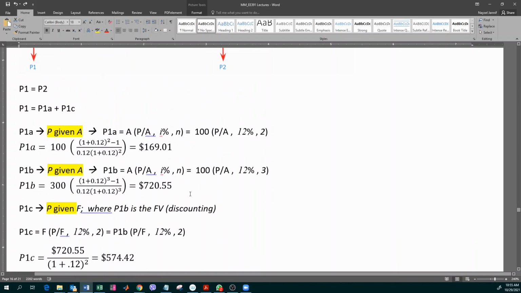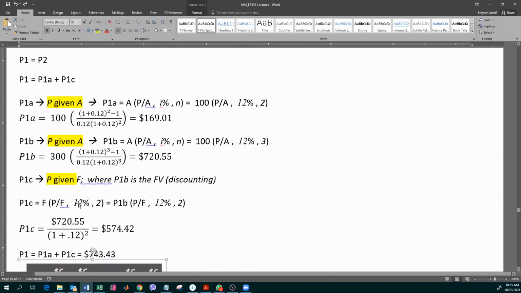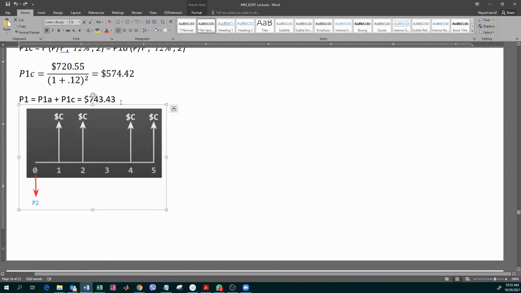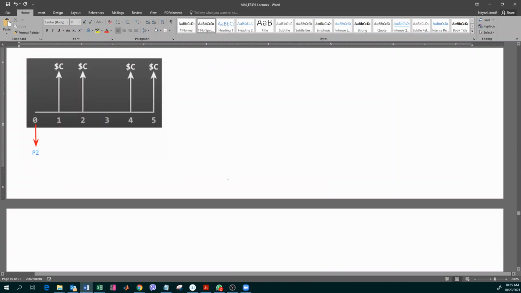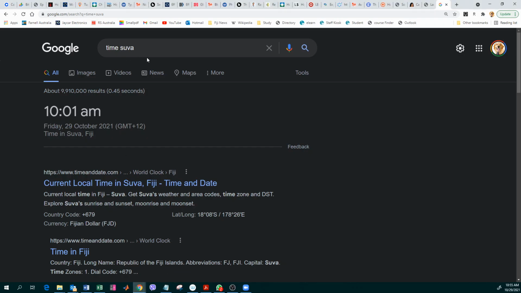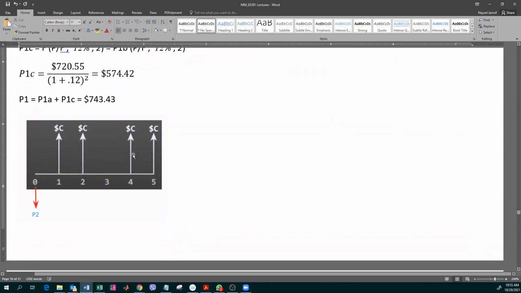It is exactly the same technique. Now, in this time here, we've got to calculate what our P2 will be. How many minutes do we have, guys? Let me just check my Google time. All right, it's almost over.